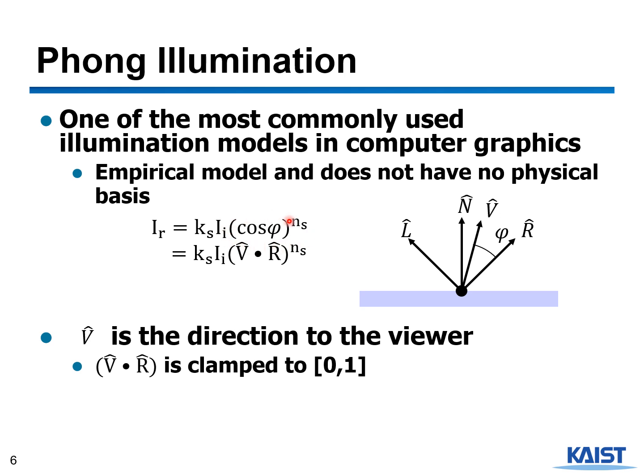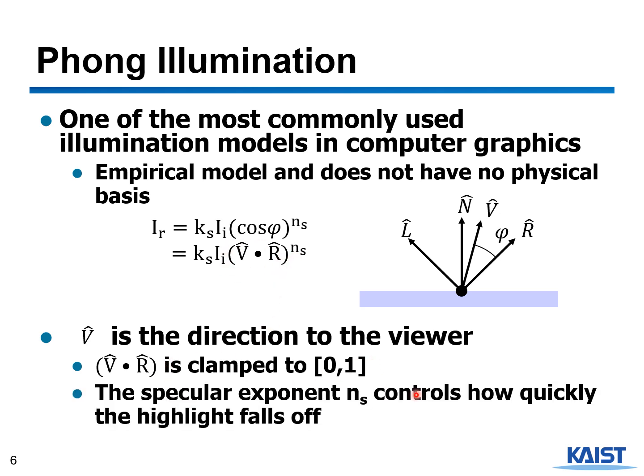This cosine can be represented by the dot product between V and R. Again, V is the direction to the viewer, and depending on the angle phi, the dot product between V and R can be negative, but we make sure that this dot product result is clamped to the range of 0 to 1.